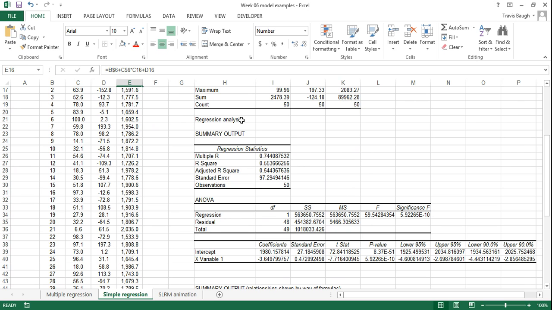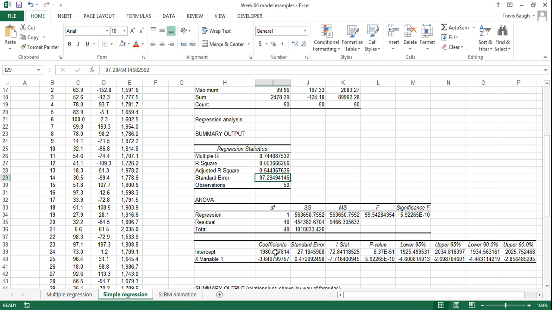What I want to talk about in the remainder of this video is these parameter estimates and the standard deviation of these estimates, and then also an estimate of the error variance and the estimated standard deviation of the error term.